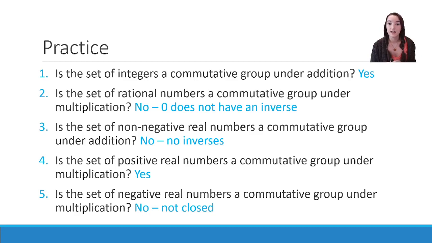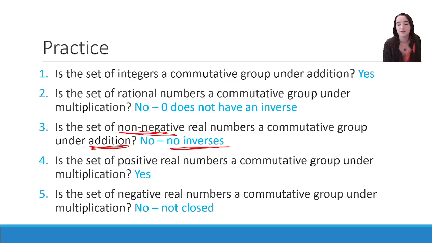Is a set of non-negative real numbers a commutative group under addition? So once again, no, it is not, because we're missing inverses, because the additive inverses are all the opposite signs, right? Is the set of positive real numbers commutative under multiplication?